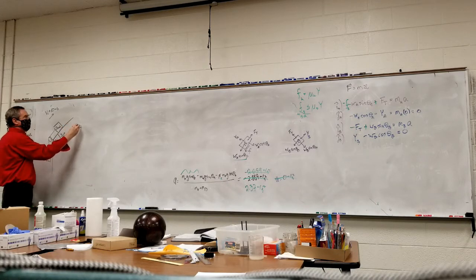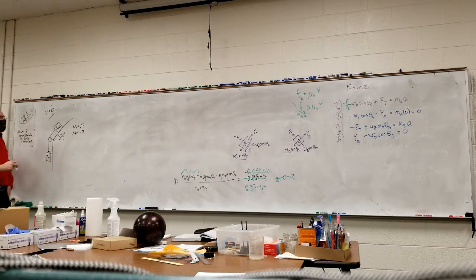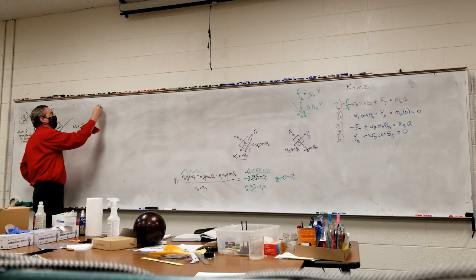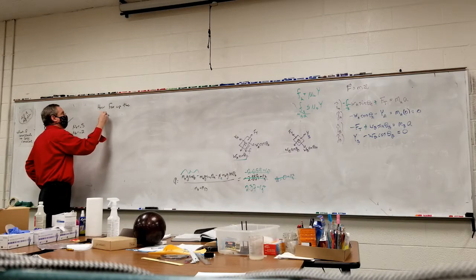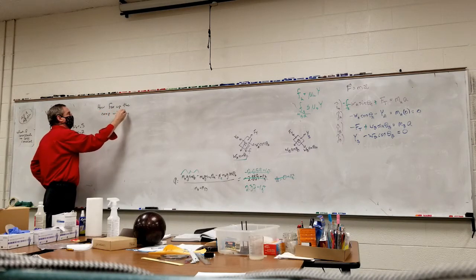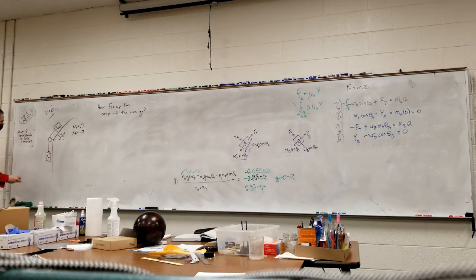Mu S is 0.5, mu K is 0.2. So mass of the mug, we'll make 0.6 kilograms. Mass of the book, we'll make 1.2 kilograms.